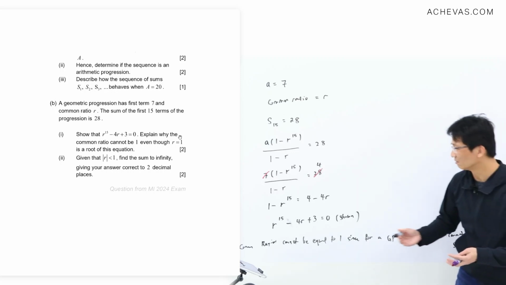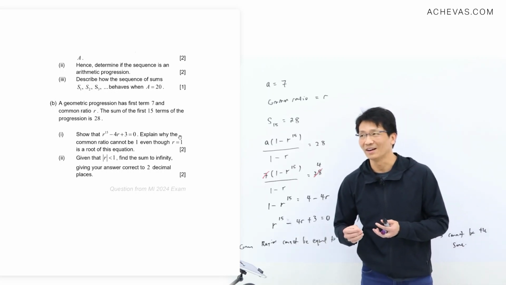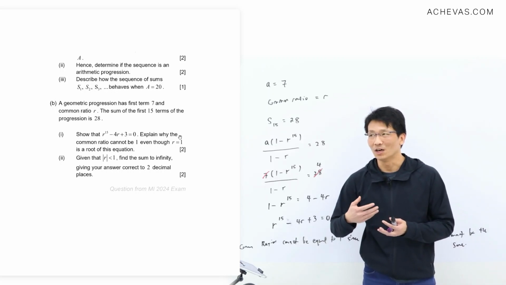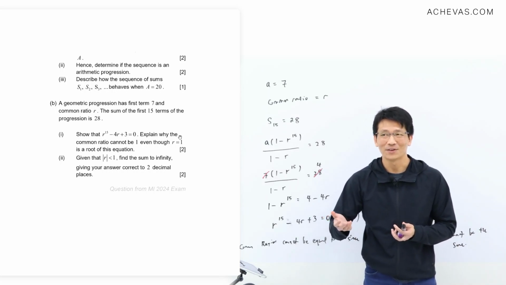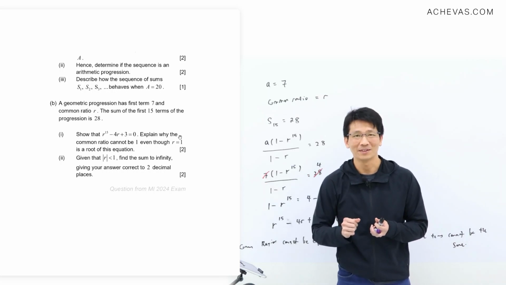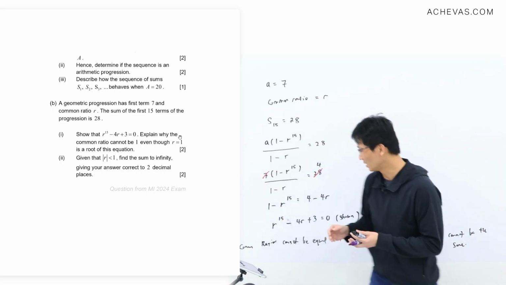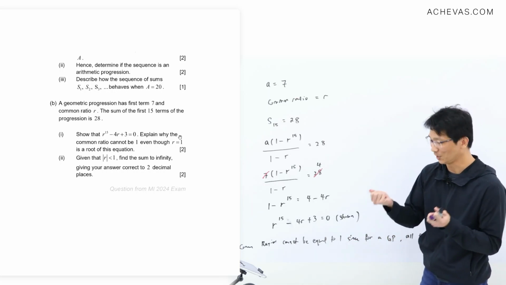It's just like for an AP series, the common difference cannot be 0. If the common difference is 0, all the terms are the same, then it's not an AP. So in this case, if the common ratio is 1, then it will not be a GP.